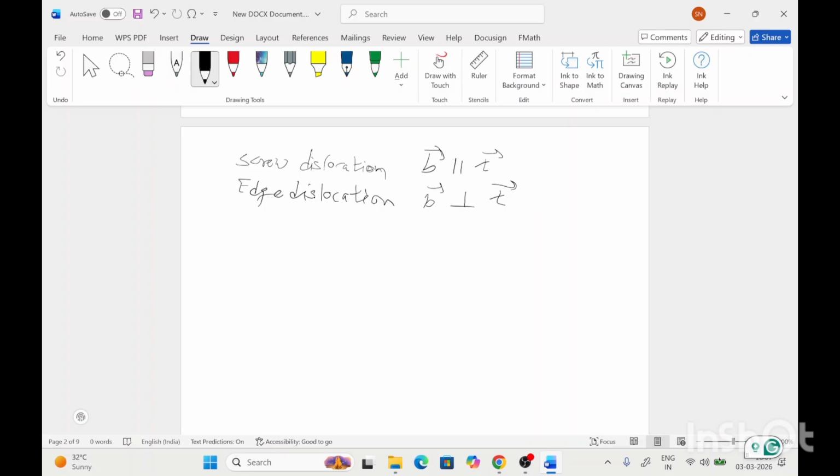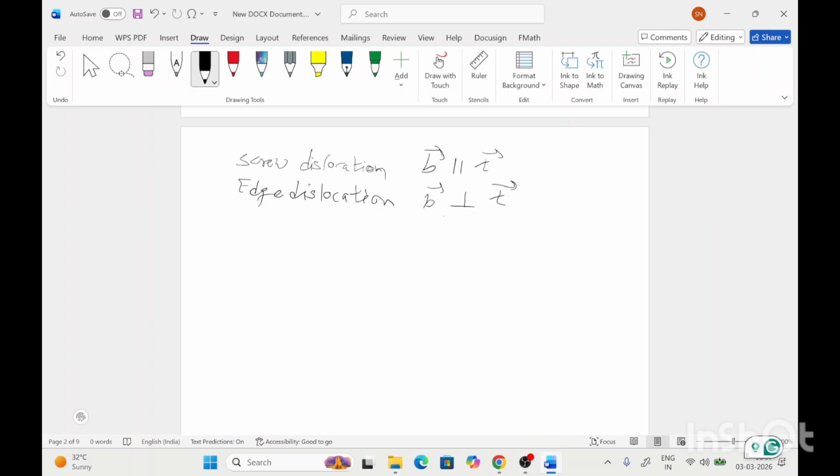So what are the dislocation properties for these two types of dislocation? If we talk about the relation between dislocation line and Burgers vector, for screw dislocation it is parallel and for edge dislocation it is perpendicular.